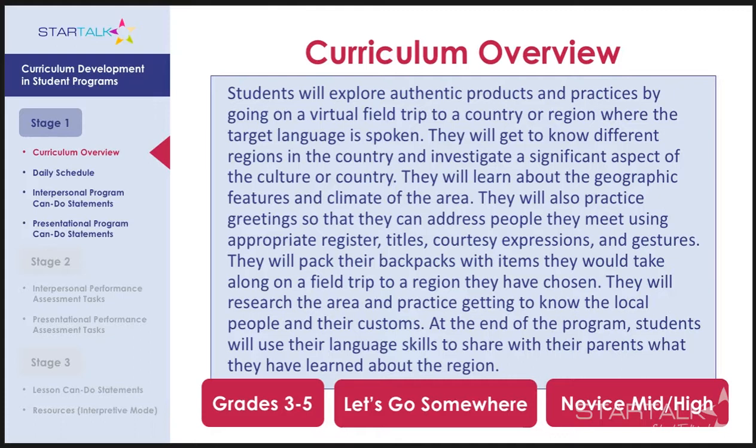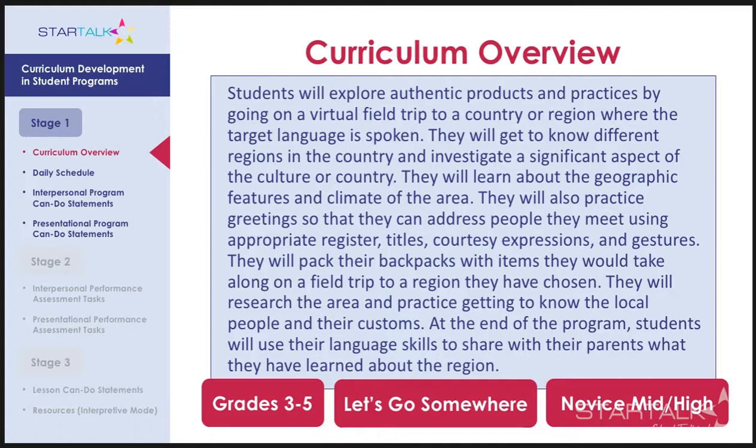Here, with a focus on travel, programs are asked to think carefully about how they will incorporate the 5 C's, the standards, into their program. And as you read the description, you can begin to see the reflection of communication, cultures, connections, comparisons, and communities.